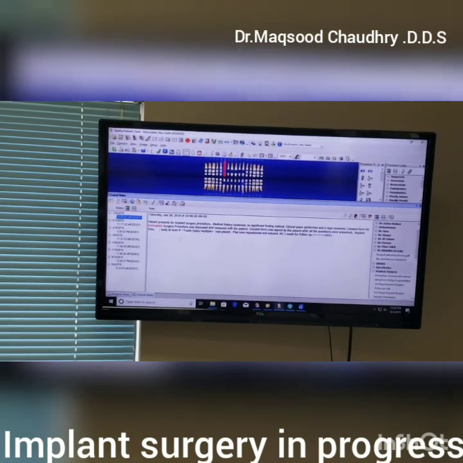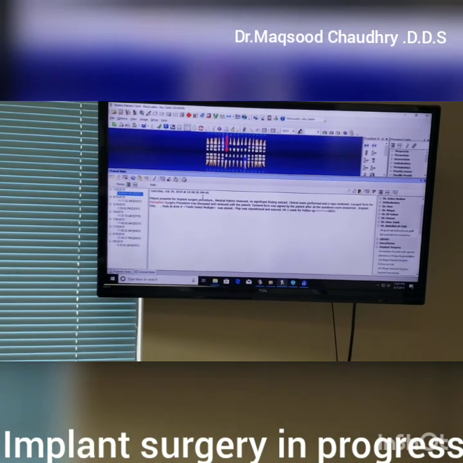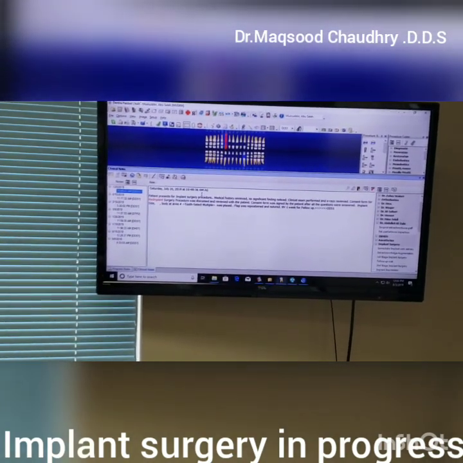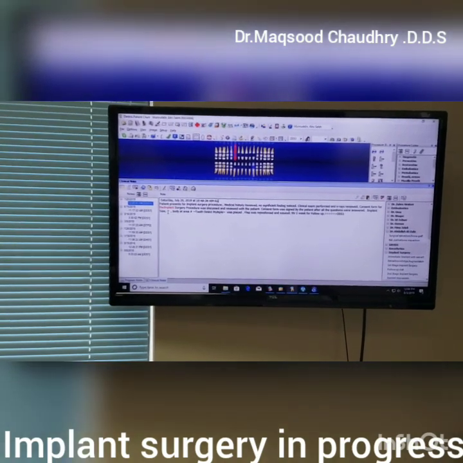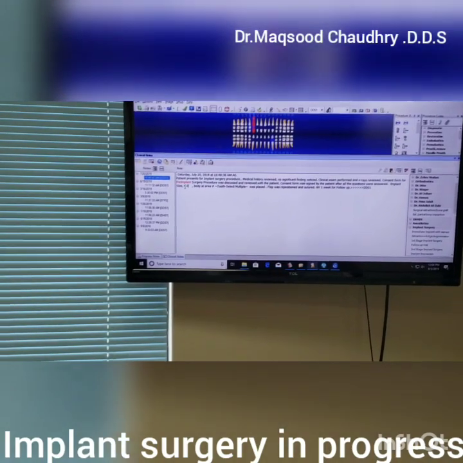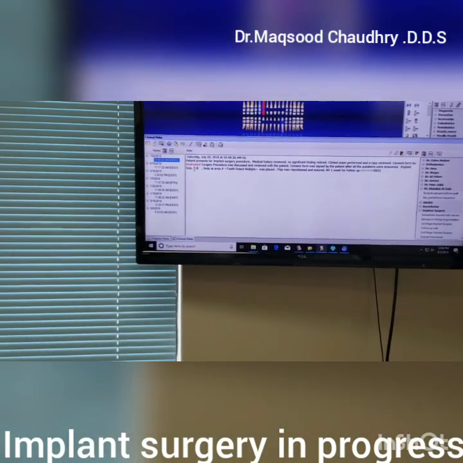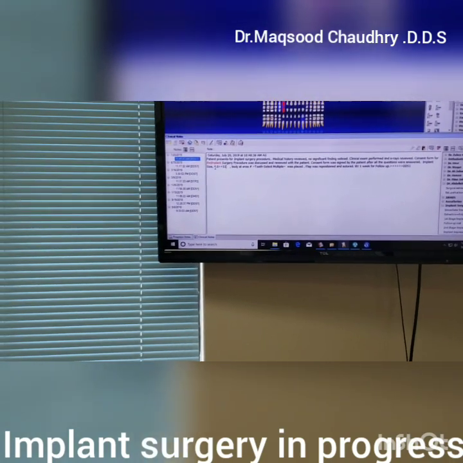Then it's all entered here. You just enter the size. You put the size here. Okay, 4.0, and then by 0.5.